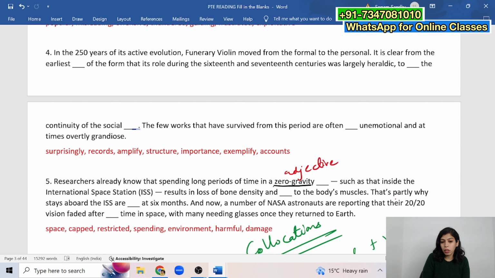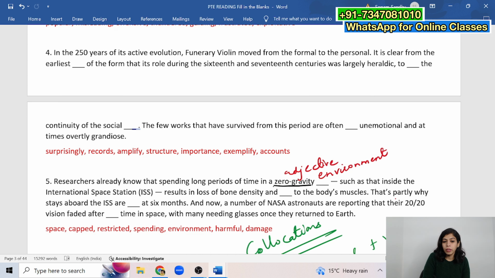Capped is not a noun, restricted is not a noun, spending is not a noun, environment. Okay. So either environment or space. So let us read it further. Researchers already know that spending long periods of time in zero gravity dash, such as that inside the International Space Station. Okay, so they have already talked about International Space Station. So zero gravity environment.